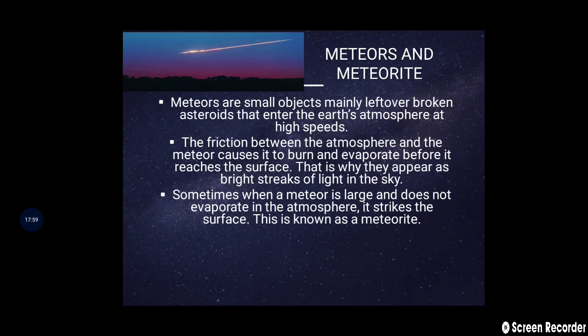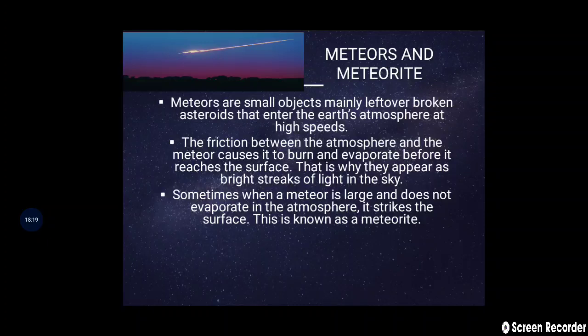Now the next topic is meteors and meteoroids. You may have seen them when making a wish. You may have heard of it in your childhood. Meteors are very small objects, mainly leftover broken asteroids that enter the Earth's atmosphere at a high speed.